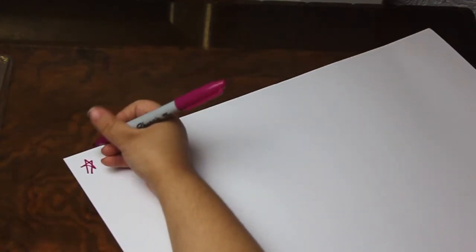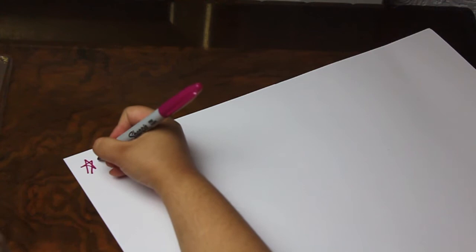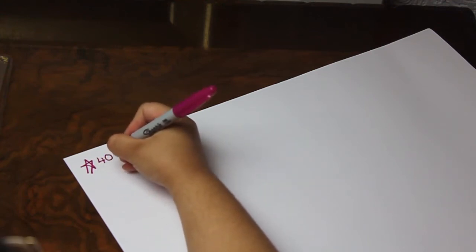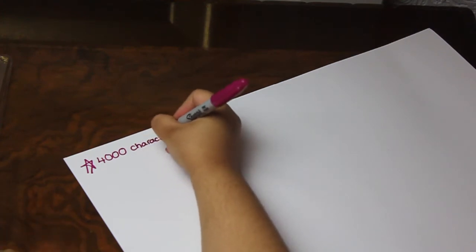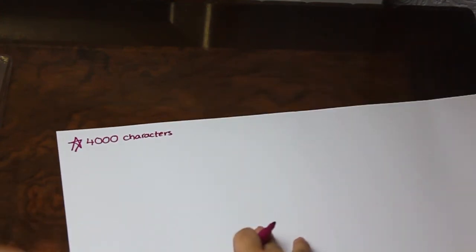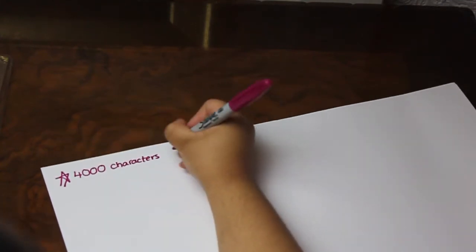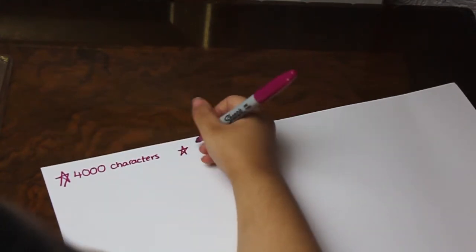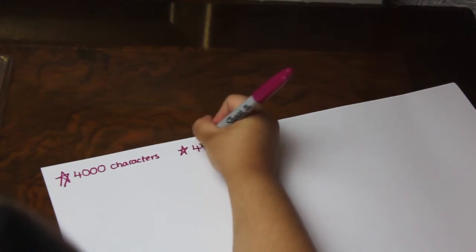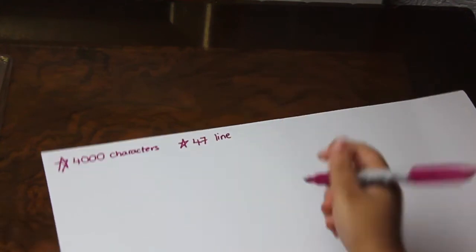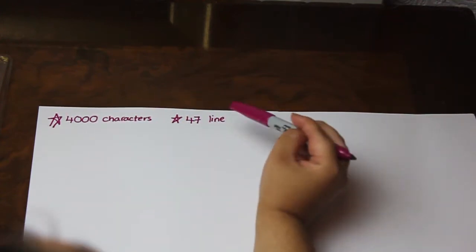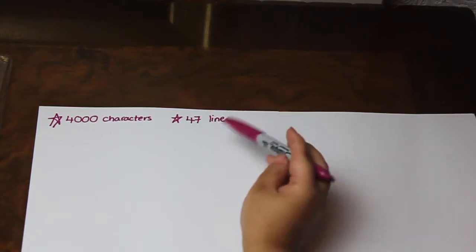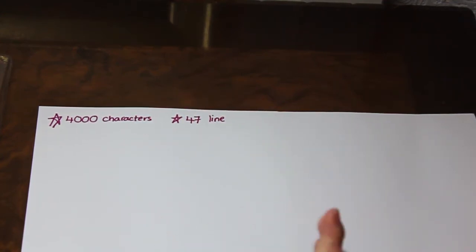The first one is that the personal statement should be under 4,000 characters, and that includes spaces. And quite linked into this point is the fact that you have a 47 line limit. So even if you're within the 4,000 characters, if it's over 47 lines, then you can't submit it, and vice versa. So those are just two bits of information that are important.